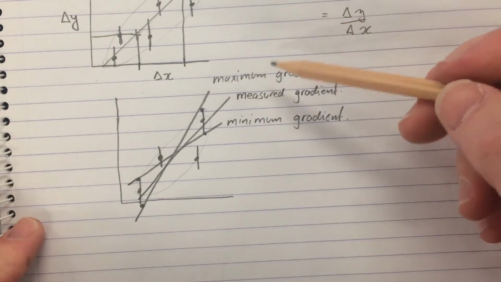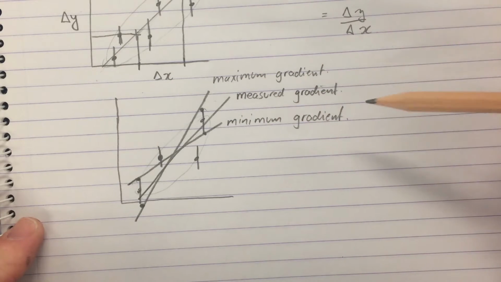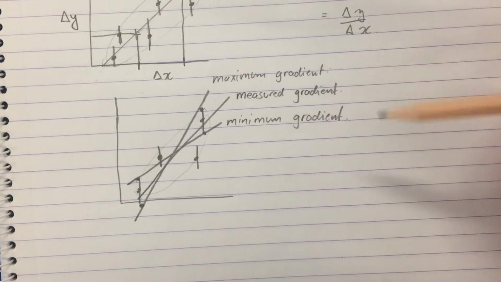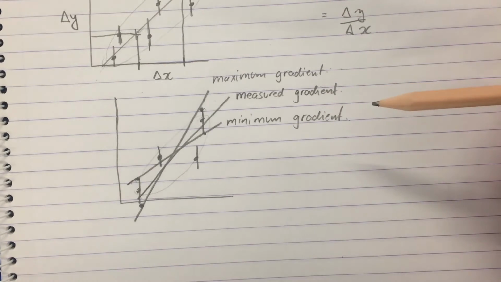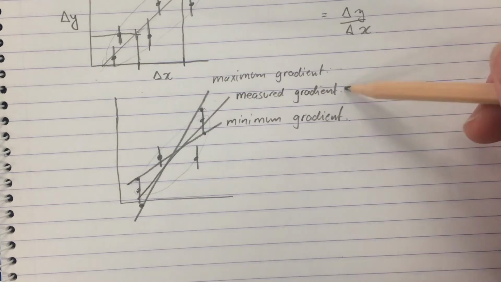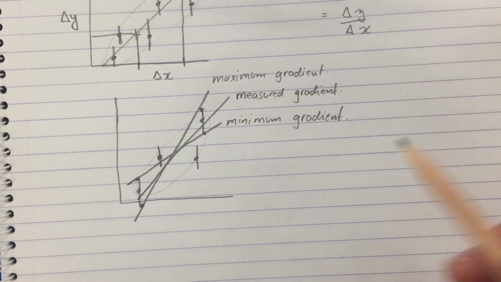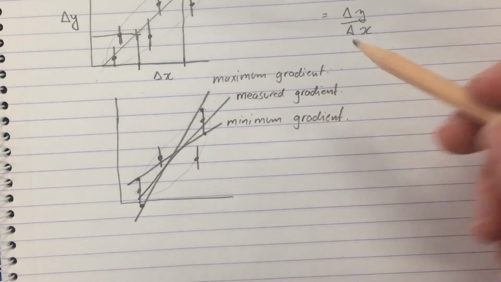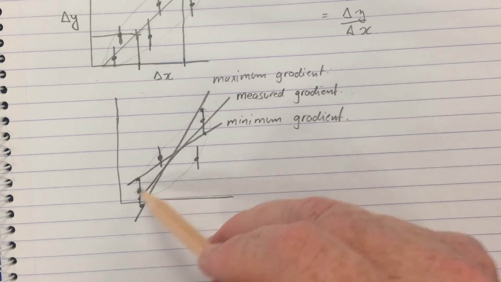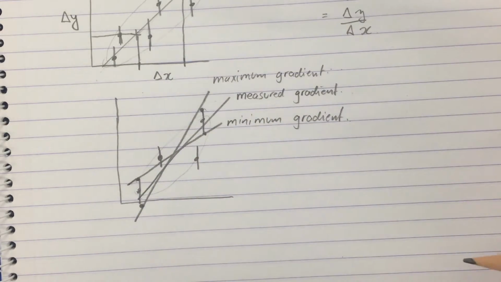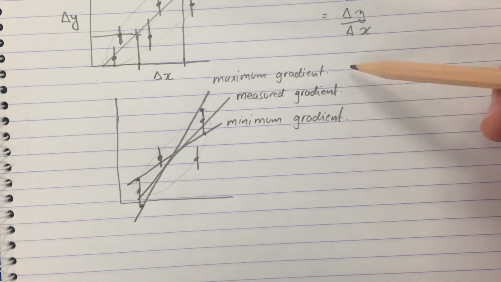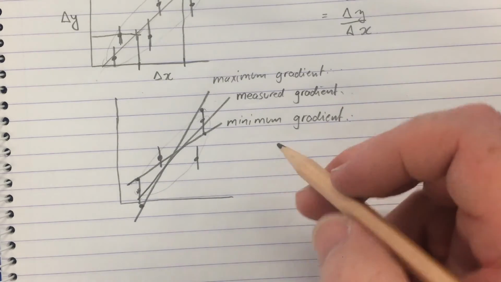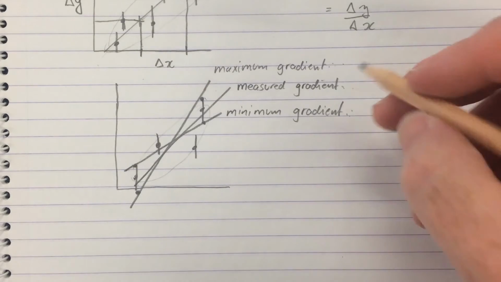What I'm going to do is use these maximum and minimum gradients as our plus and minus value for our measured value of the gradient. So we'll work out what the minimum gradient is and what the maximum gradient is, and we'll compare that to the gradient of our line of best fit, and we'll see which one of these is further away from the measured gradient.